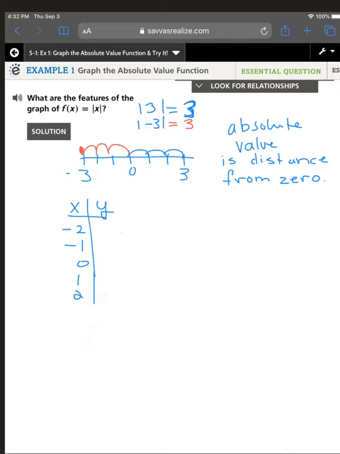So now let's plug it in. What is the absolute value of -2? Well, we talked about that as the distance from 0. So what do you think it is? That would be 2. So when I go to graph this, this would be the point -2, 2.